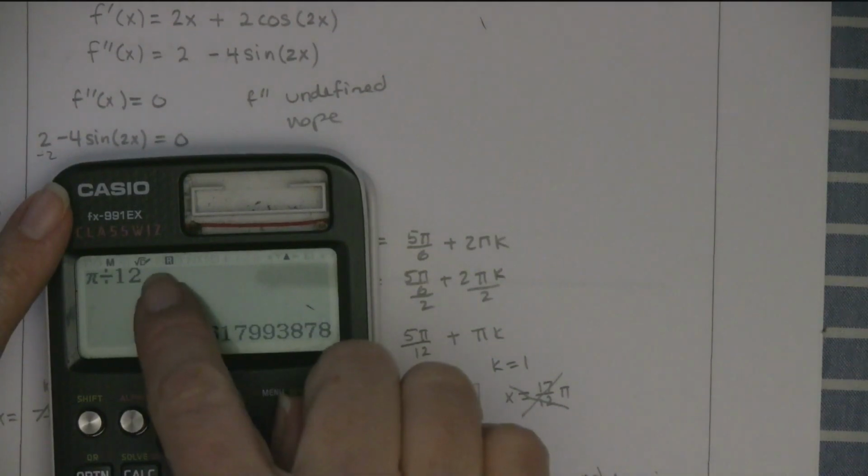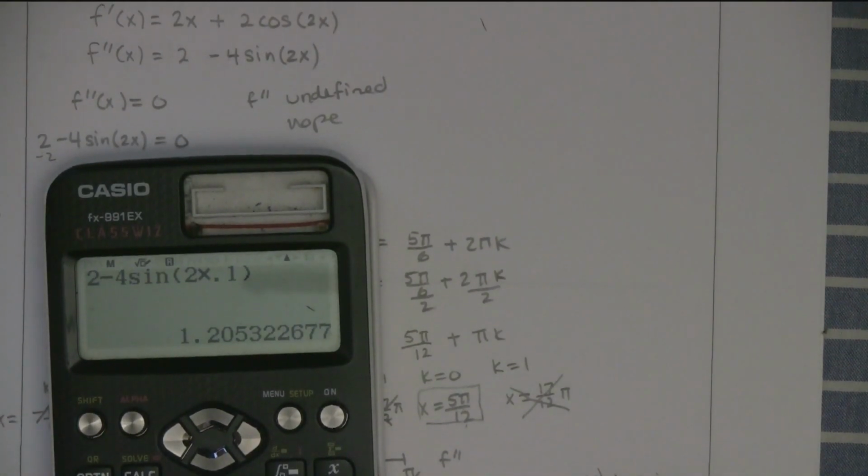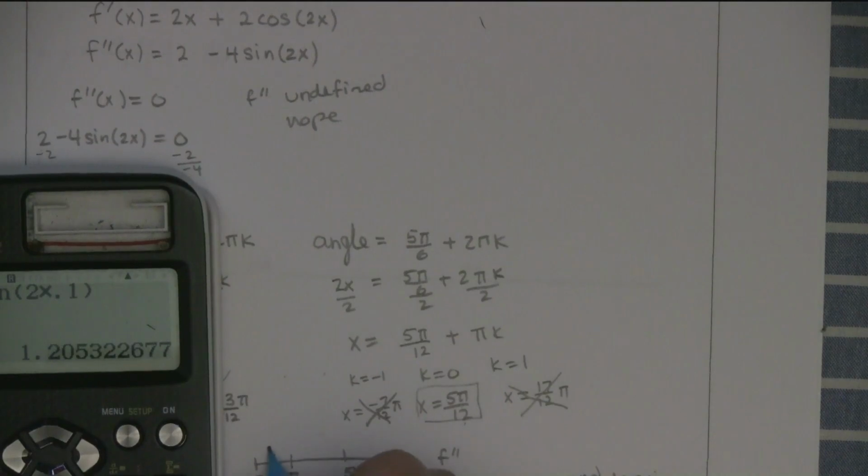My calculator's in radians. 2 minus 4 sine of 2 times 0.1, in that region. And all I care is, is it positive or is it negative? And it is positive. Okay, so over here is positive.